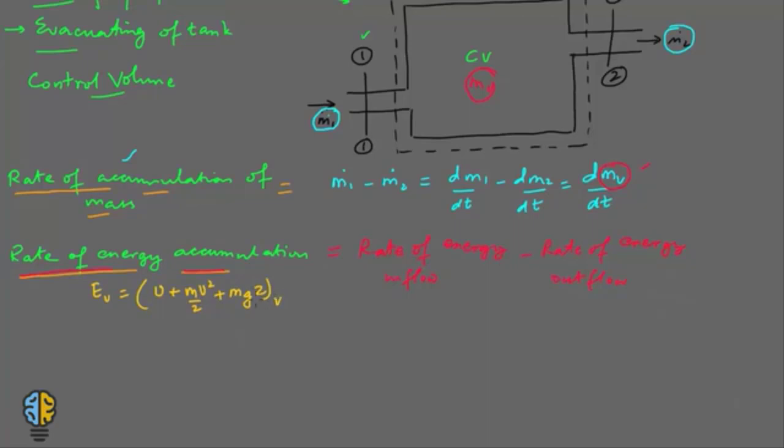This is the energy accumulated in the control volume at any instant of time. The rate of change is dEV by dt, which is d by dt of u plus mv square by 2 plus mg into z.